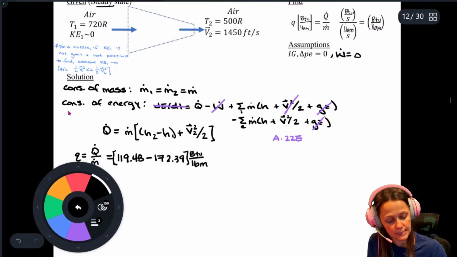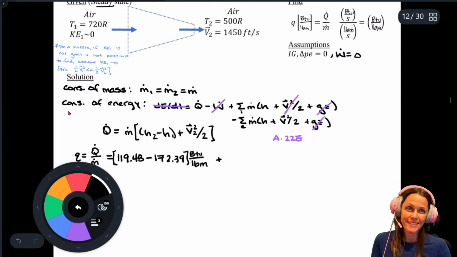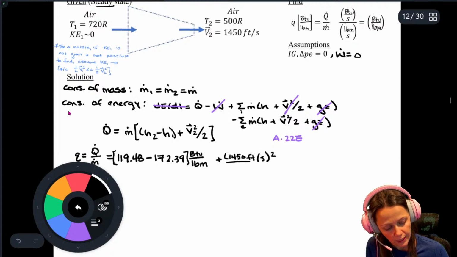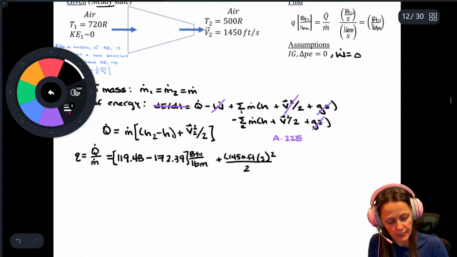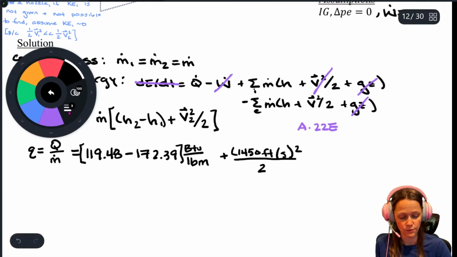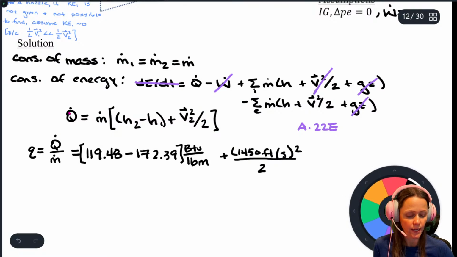Those are the units that I need. But then I've got this pesky kinetic energy term to deal with. It's going to be 1450 feet per second, squared, divided by 2. I need to make sure that both of those are going to be in BTU per pound mass for my units to work out correctly.